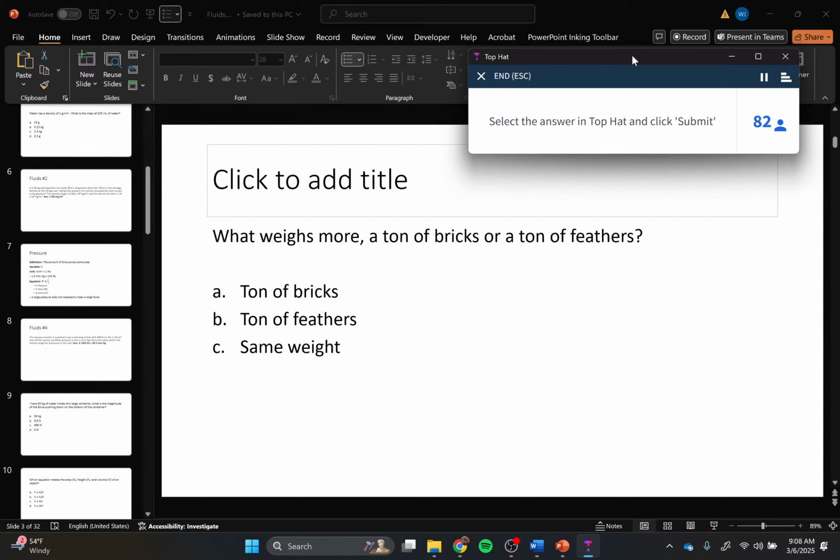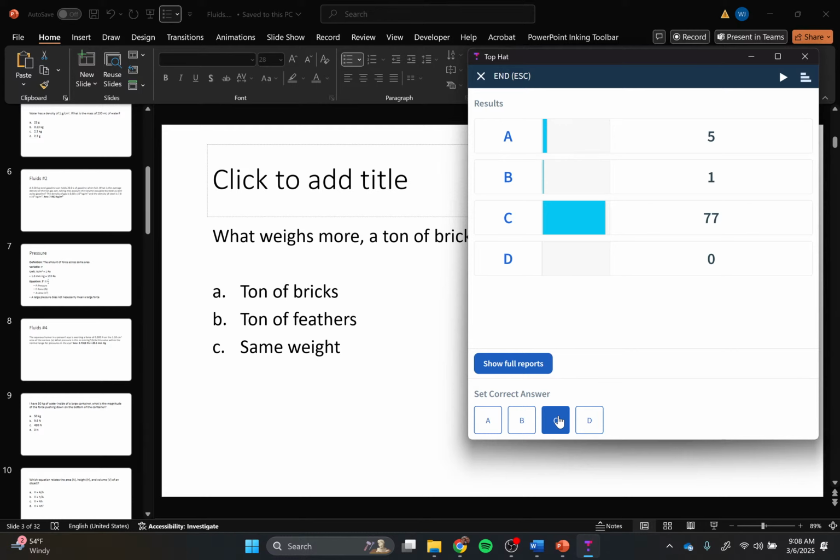All right, 10 more seconds. In 5, 4, 3, 2, 1. All right, let's see if you all have seen this question in high school, middle school, something else. Yay, you have.